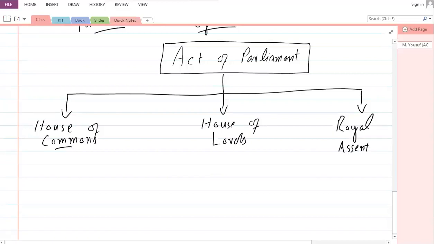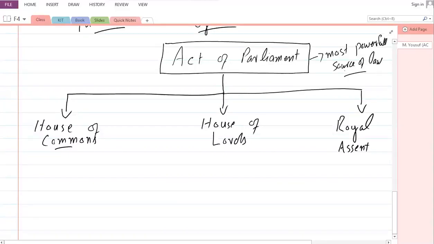So how is a bill converted into an act, how does parliament issue an act? Parliament is the most powerful source of law. Parliament can make any type of law.